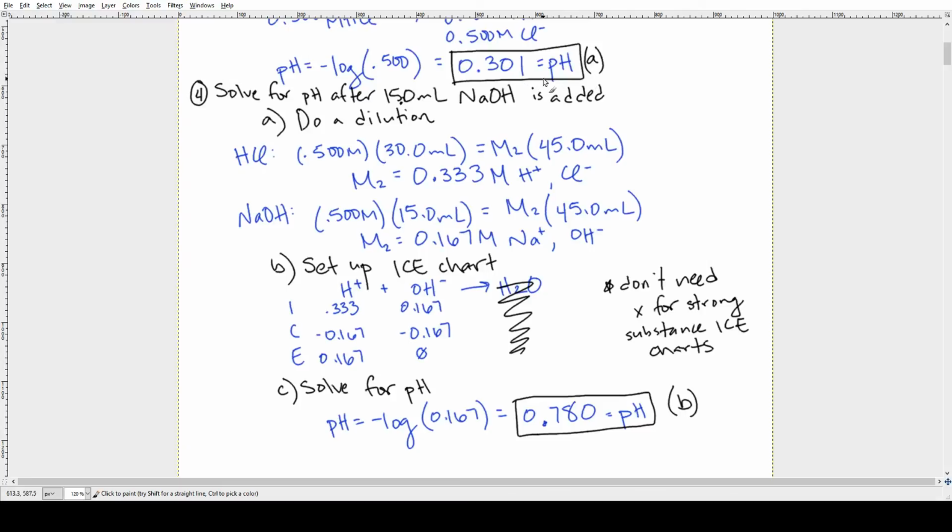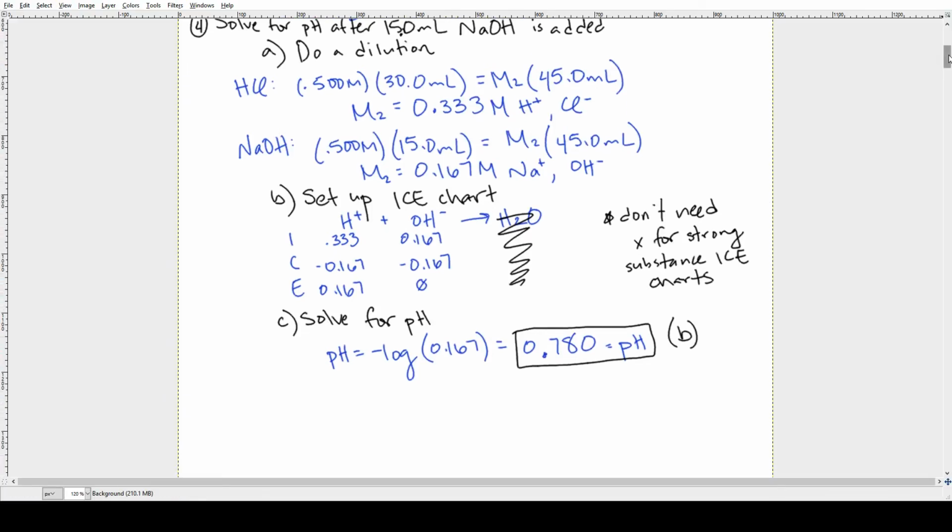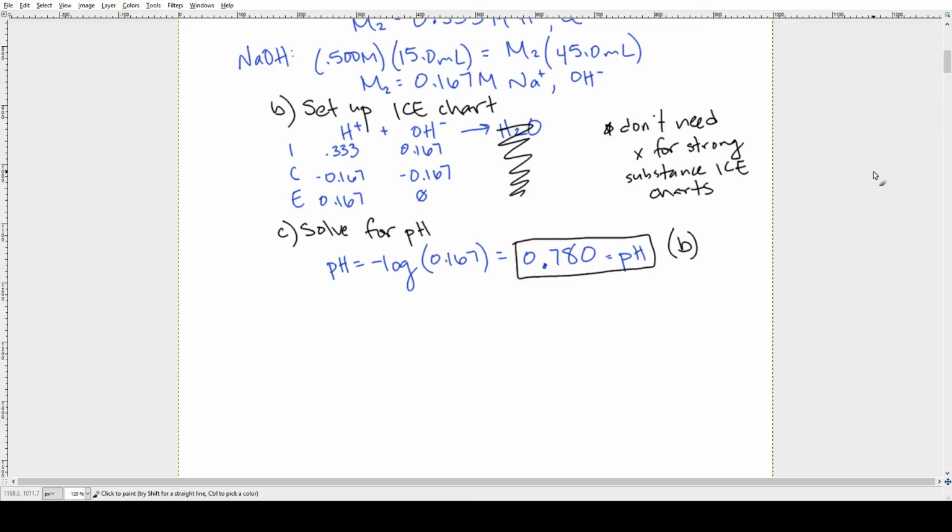In part A, our pH was 0.301. We added some sodium hydroxide and the pH was raised to 0.780. Does it make sense that the pH went up when we added a base? It should, hopefully, because bases, their pHs are higher. So that's what ended up happening there.